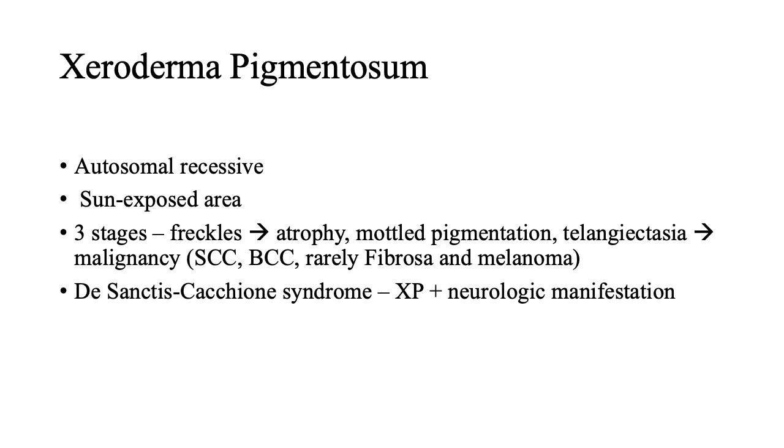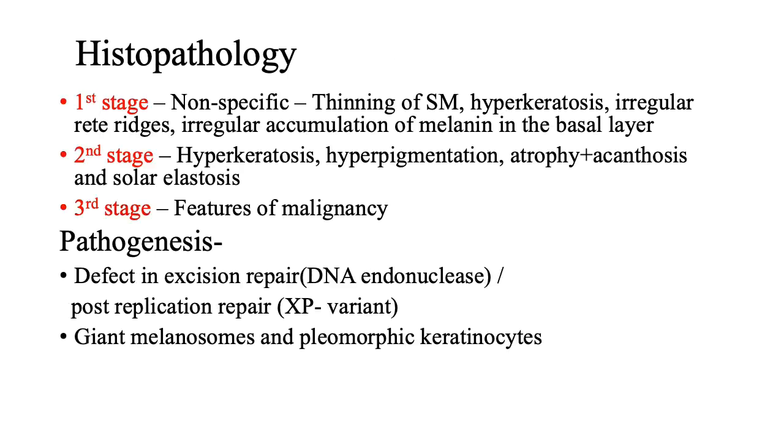In third stage, features of malignancy are developed. Normally, squamous cell carcinoma and BCC are developed in the lesions of xeroderma pigmentosum. In De Sanctis-Cacchione syndrome, xeroderma pigmentosum is associated with neurologic manifestations.